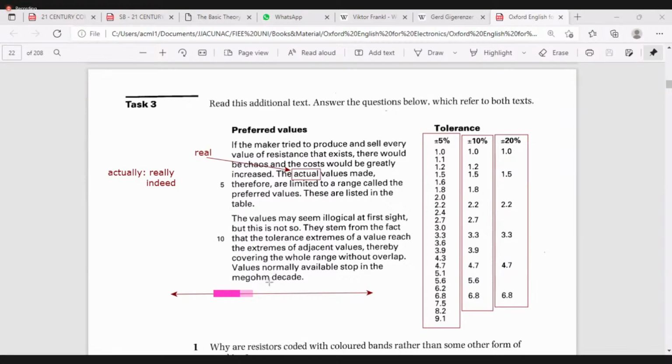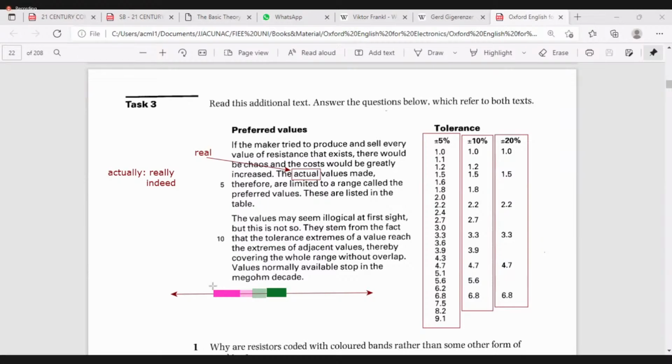I have another value here, green, but when extending this by the tolerance, the idea is to meet the border of the other, trying to cover all the range of resistance. So that is what happens with these values.